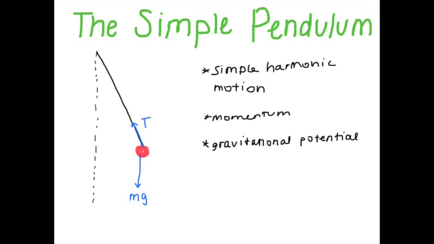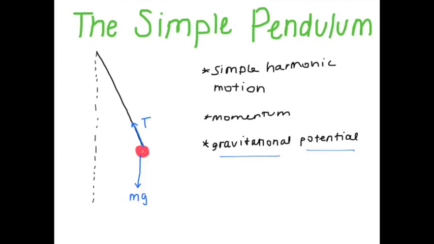The concept of periodic motion can also be implied when we're looking at a simple pendulum. This also has periodic motion, just like the mass on the spring, because the pendulum is moving back and forth on the same path. However, in this case, the restoring force comes from gravitational potential. In other words, it's a component of the bob's weight. As you can see over on the left, I've drawn this pendulum with a bob on a string, and we have these 2 forces on the bob.